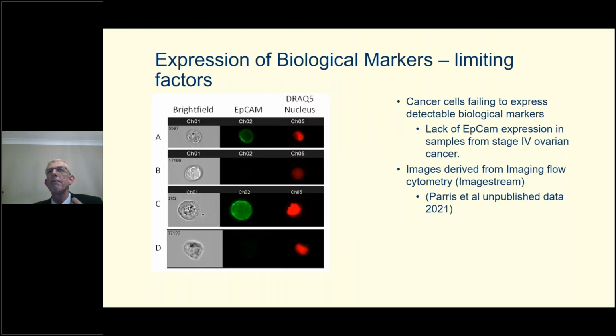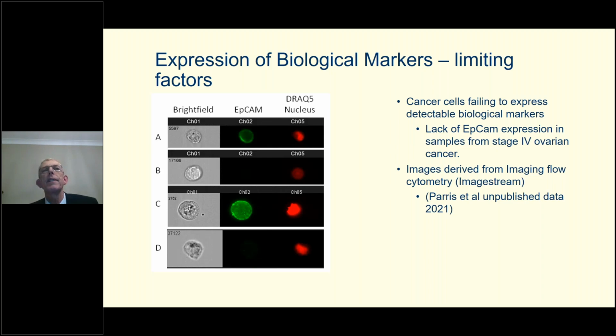However, there are some fundamental limitations, and certainly what I want to talk about is the limitations in and around the use of markers such as EpCAM. So EpCAM is, I would say, a fairly promiscuous marker, and also a marker that suffers from the fundamental concept of tumor heterogeneity.